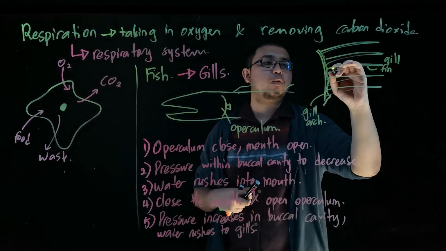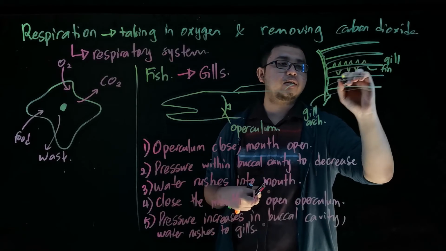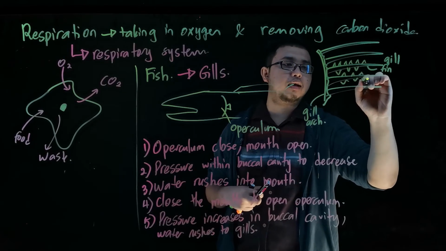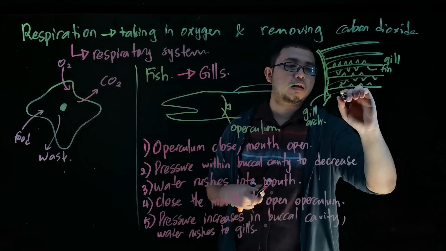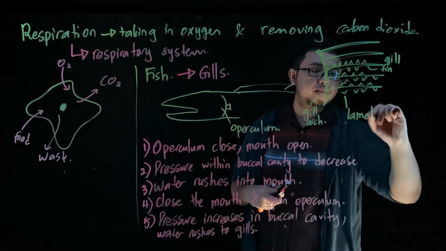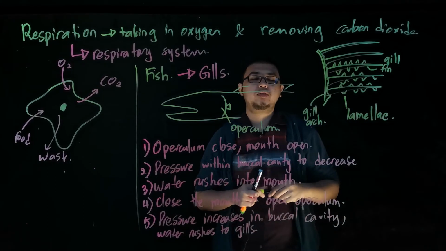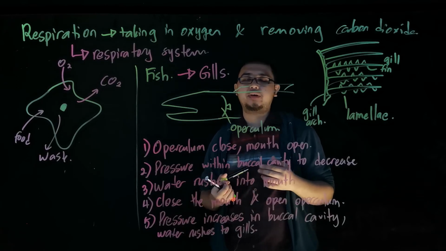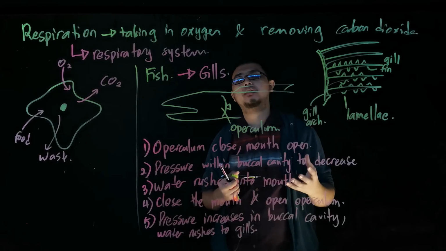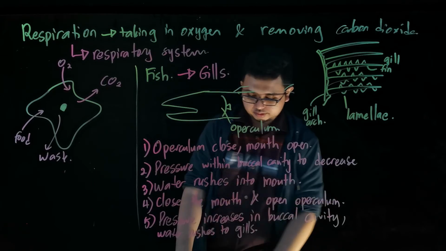On the gill fin, you have tiny spikes, and these tiny spikes are called lamella. These lamella use the idea of countercurrent to be able to absorb the oxygen.